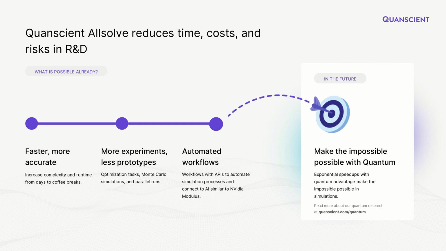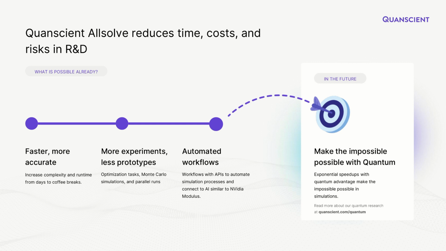What else does cloud scaling allow you to do is simply more experiments and therefore fewer prototypes. You can run more simulations at a much larger scale, hundreds of simulations at the same time, which allows you to do optimization tasks, run Monte Carlo simulations, and perform any sort of parametric sweeps.